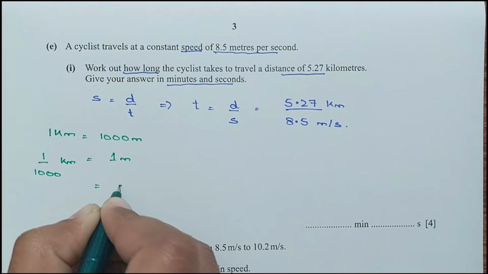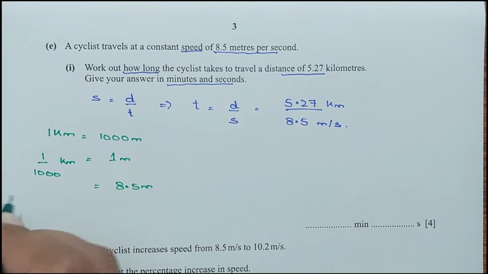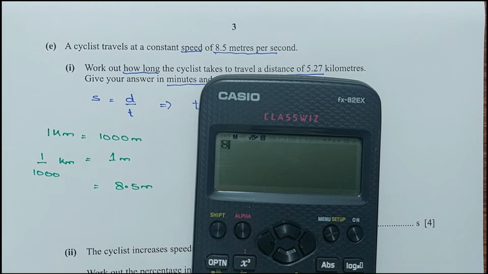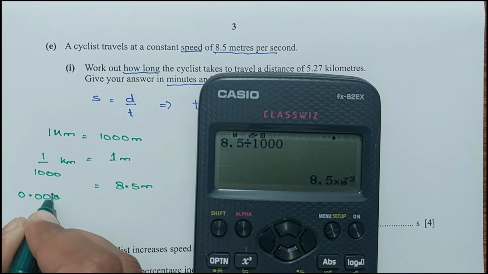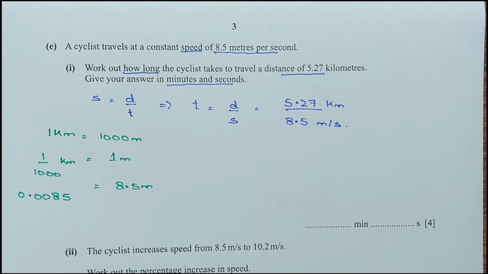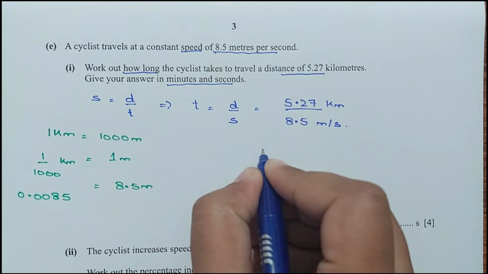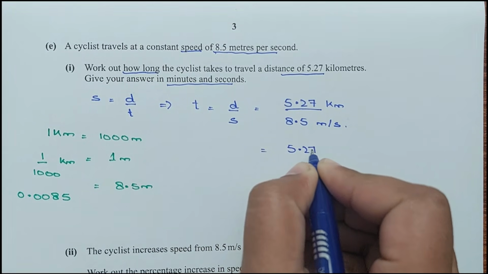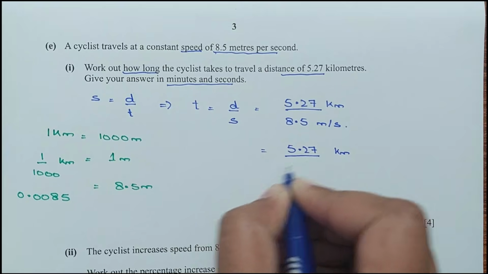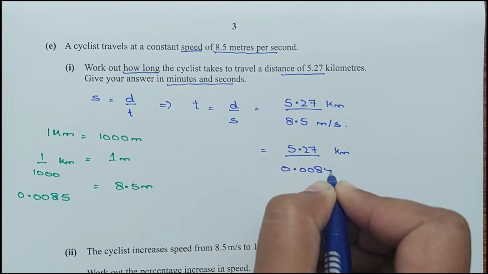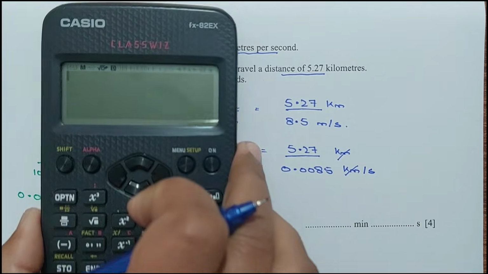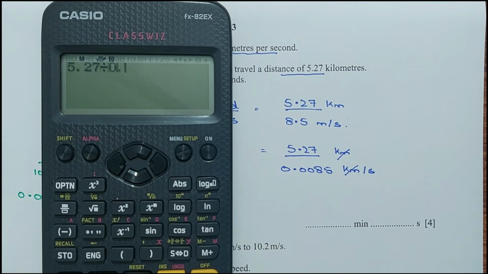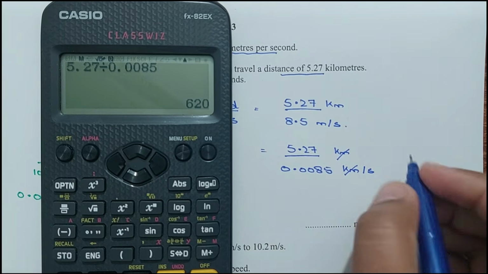So 8.5 meters is 8.5 over 1000, which equals 0.0085. So this is 5.27 kilometers and this is 0.0085 kilometers per second. Kilometers cancel with kilometers. Now 5.27 divided by 0.0085 is 620 seconds.